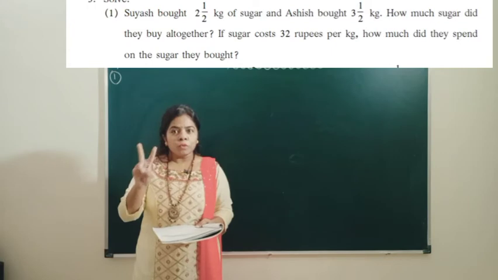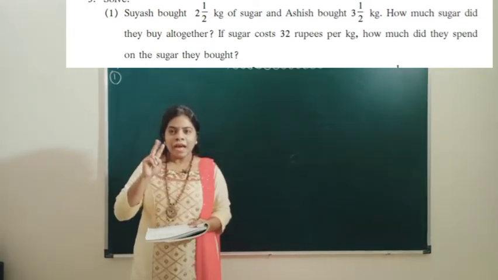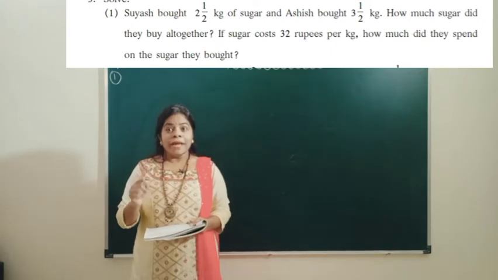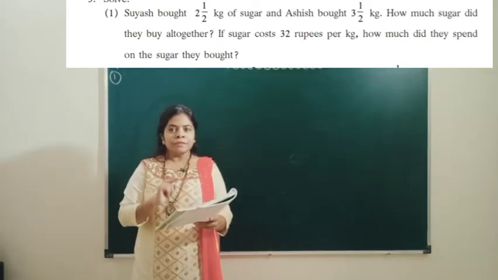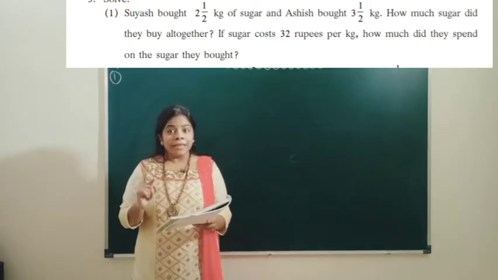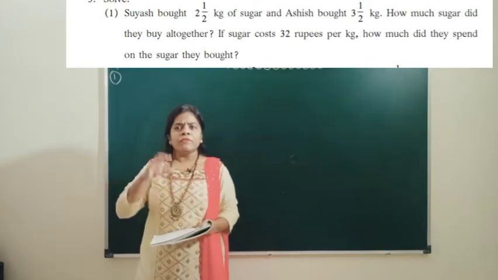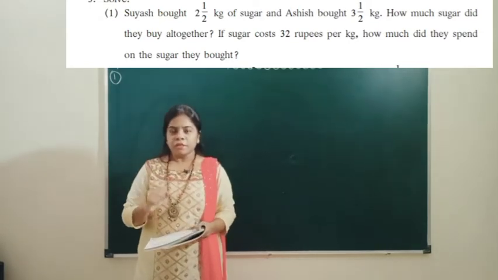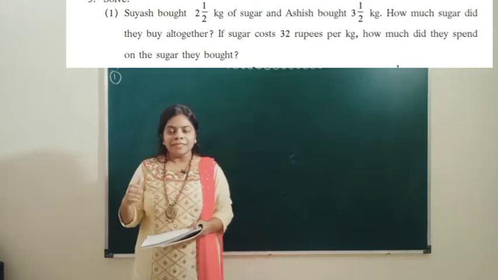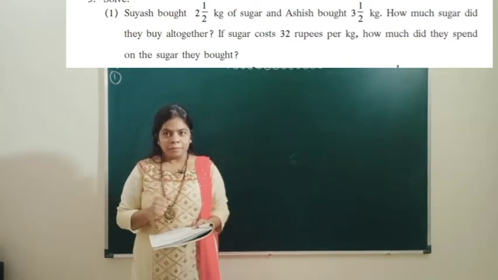So, there are two people in this question. One is Suyash and the other one is Ashish. Both of them are buying sugar. Suyash is buying 2.5 kg sugar and Ashish is buying 3.5 kg sugar. Altogether means we have to add the two fractions. So first we will write the statements and then we will add both of them and get our answer.